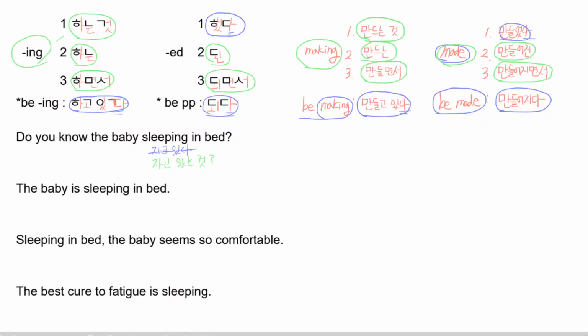So it should be one of these three, not this. It's always like this. It's not different according to the context. Just focus on the form. Let's erase this a little bit.